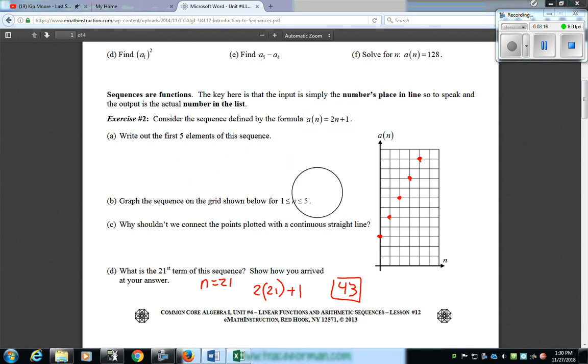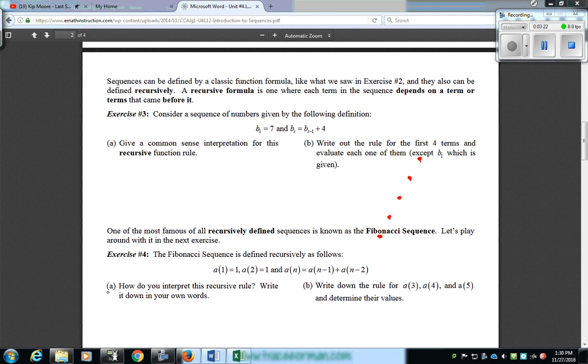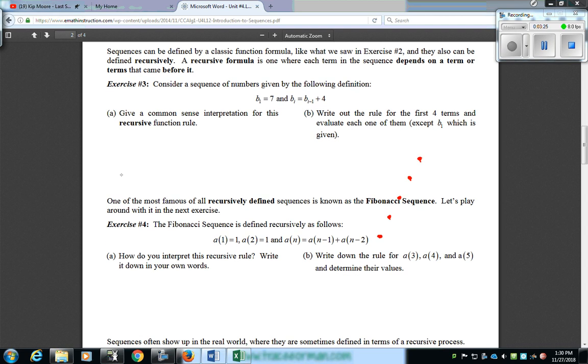Now, moving on from that, we're going to talk about how to write a recursive definition. If you take a look at exercise 3, this is an example of a recursive function. They call it recursive because you're using the previous answer to find the next answer. So when it says a common sense interpretation, they're just asking us what this means.